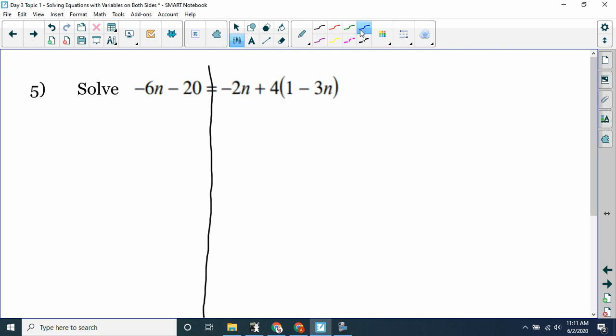A lot going on in this problem. If you can do this problem, you are doing very well with solving equations. This one kind of combines a lot of the things we've done.